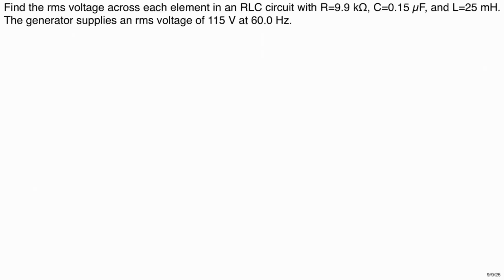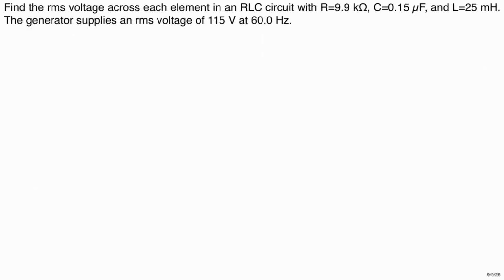In order to find the voltage across a resistor, well, that's Ohm's law. What do you need to know? If you know the resistance, what else do you need to know in order to find the voltage? Current, right? You need to know the current in that resistor. So what we need to do is find the current in this circuit.